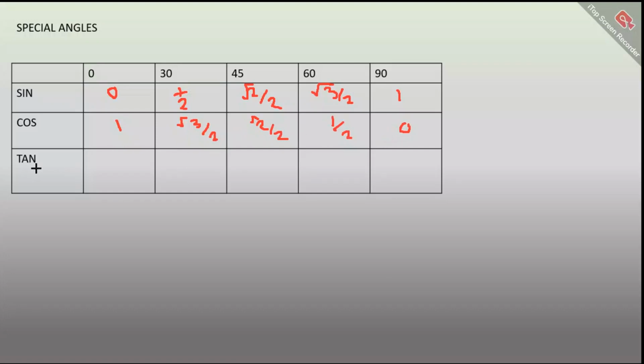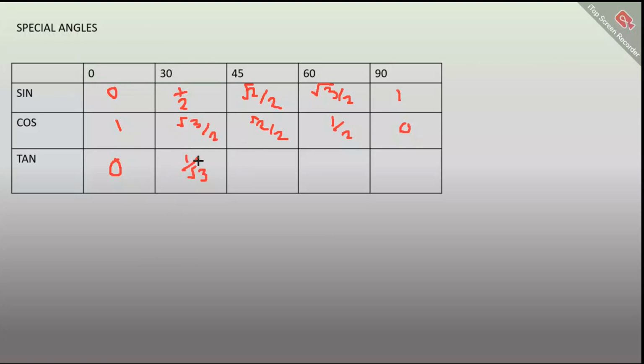What about tan? This one you get 0, and this one is 1 over root of 3. Then what I usually did was draw this box, then start answering the questions in the exam.